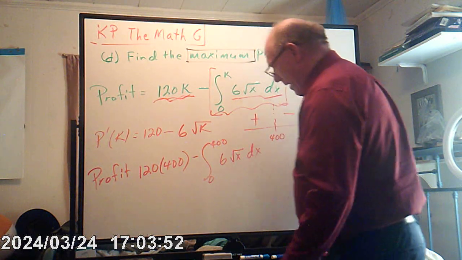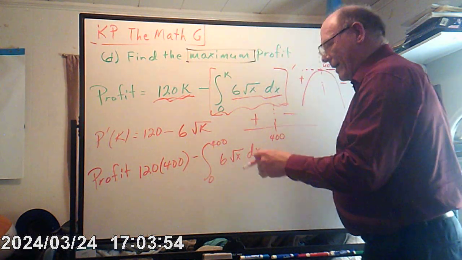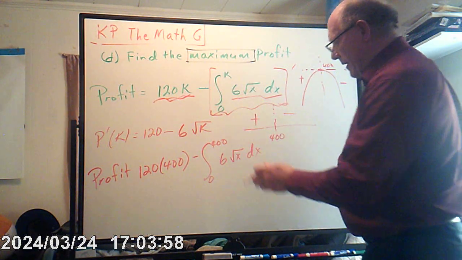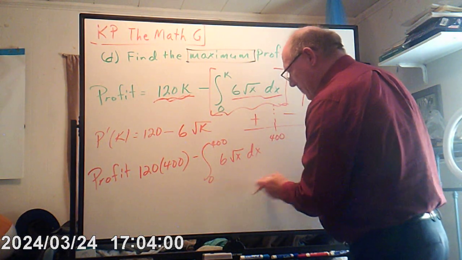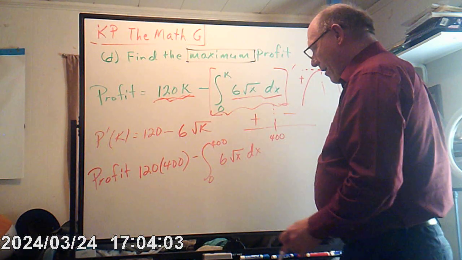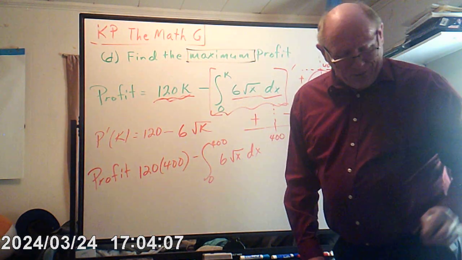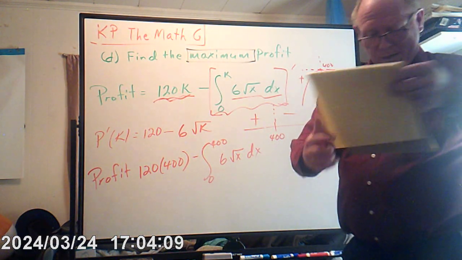Okay, if you want to go ahead and solve this, you can. I can do that, or we can just simply put it in the calculator and let it decide for you what that final answer is.